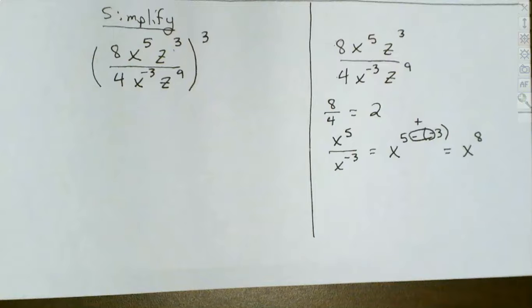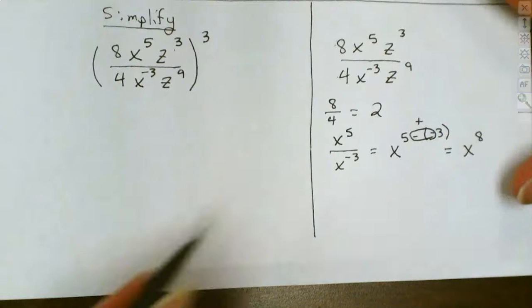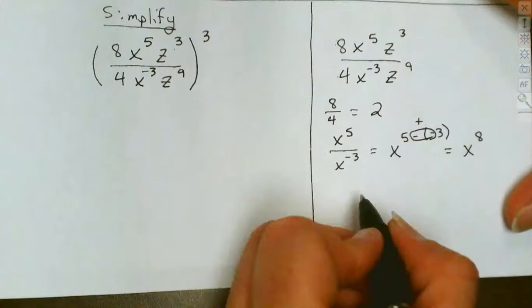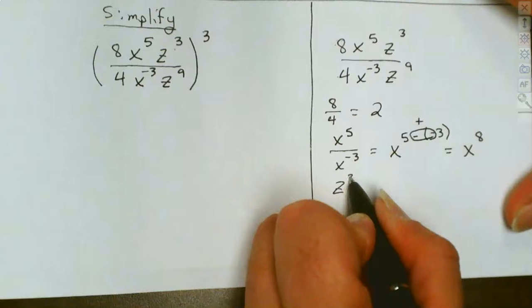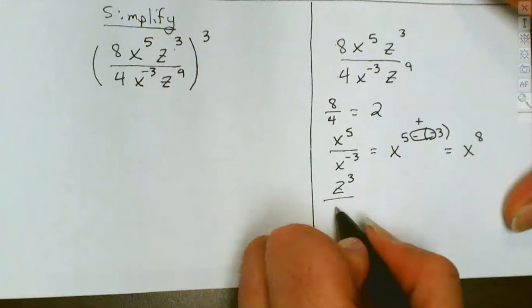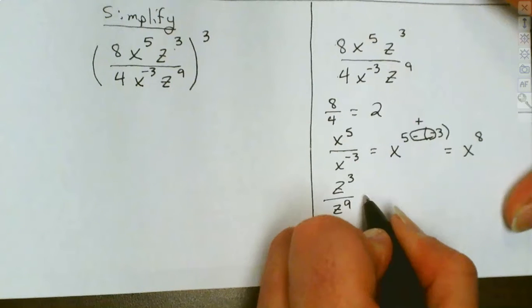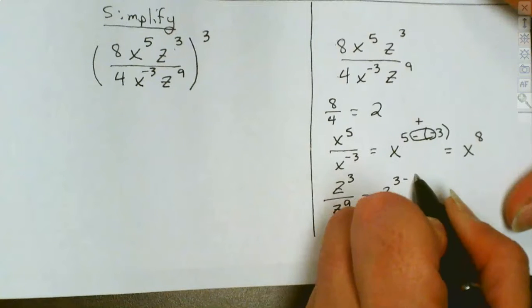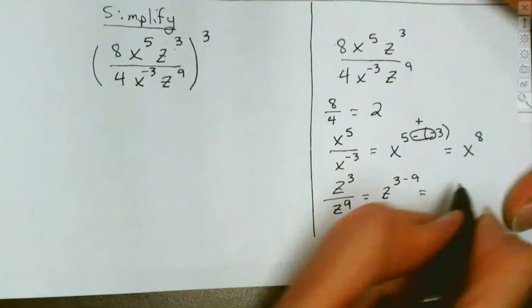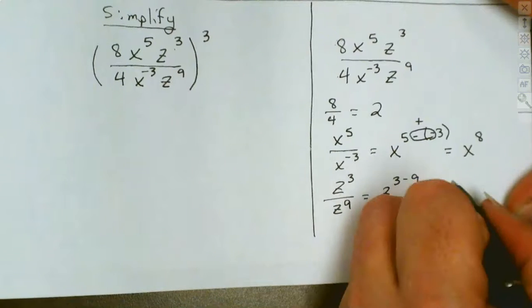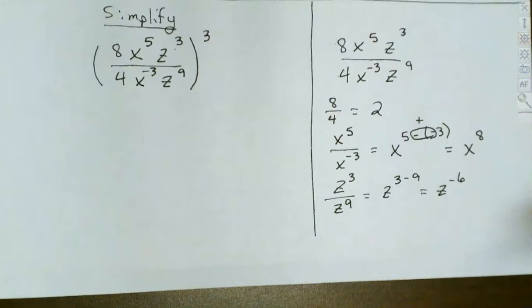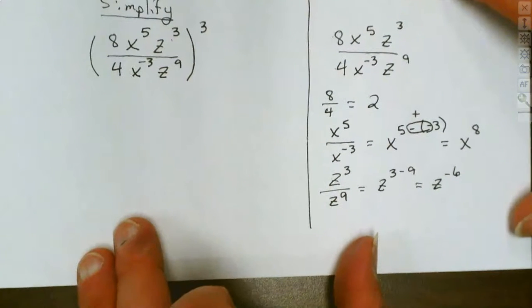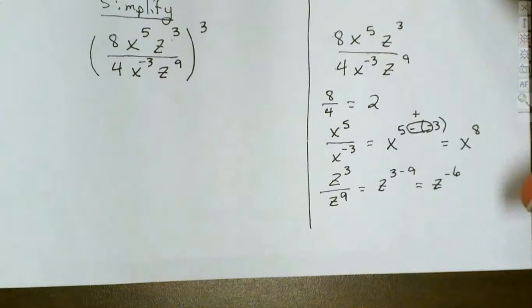What about the z's? Similar. We have a z cubed over z to the ninth power. That is then z to the 3 minus 9, which is then z to the what? Negative 6th. So what does all of this now come out to be on this side? Put it all together.